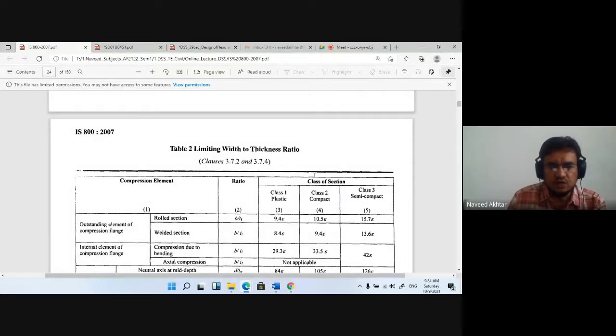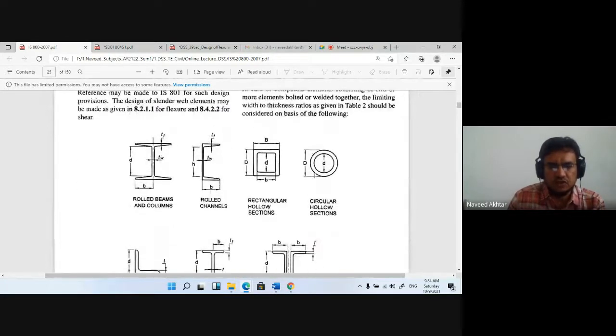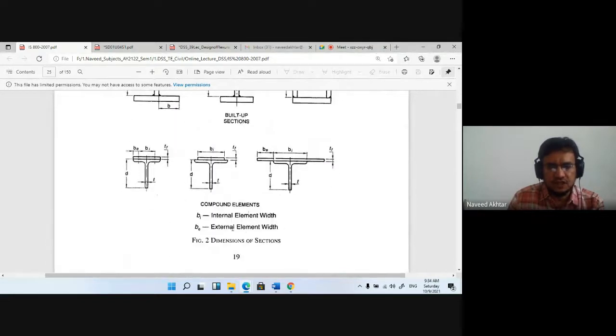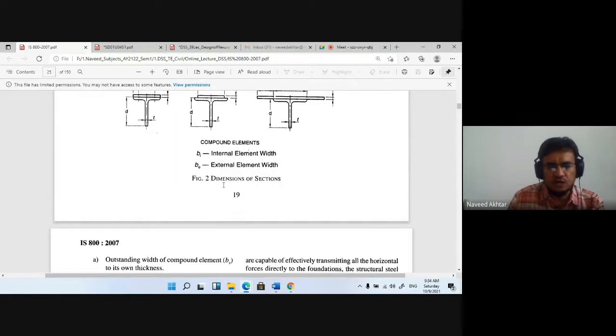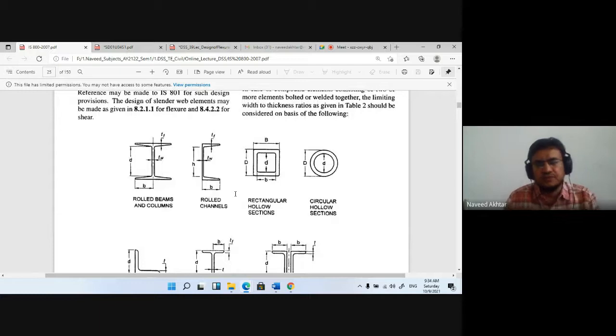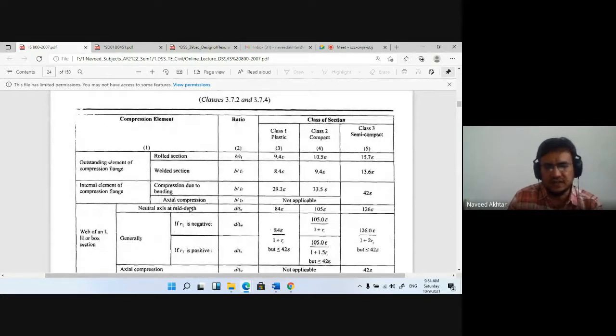The limiting values are given in Table 2, and how to find the limiting value for different sections is given in Figure number 2, dimensions of section, on page 19 of IS 800-2007. Whichever type of section you are using, based on that you can find the limiting width to thickness ratio, and based on that you can classify the section as class 1 plastic, class 2 compact, or class 3 semi-compact.